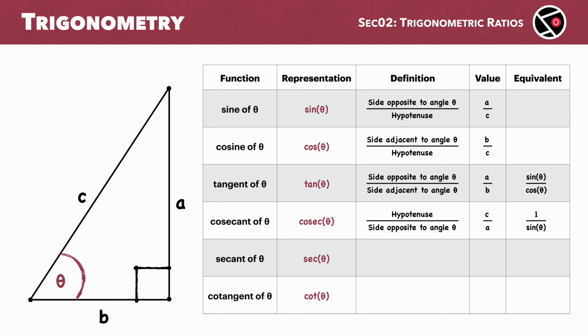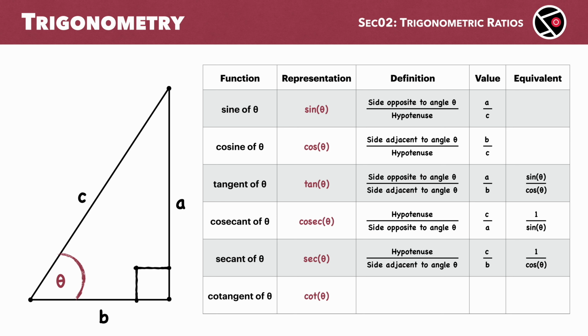Sec is a reciprocal of cosine. It's the hypotenuse divided by the adjacent side. For our triangle, sec theta is C by B. This is a reciprocal of cos theta, which was B by C.